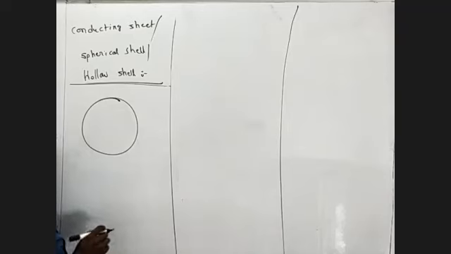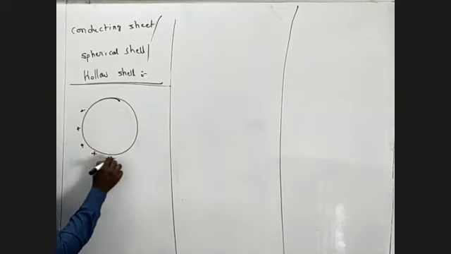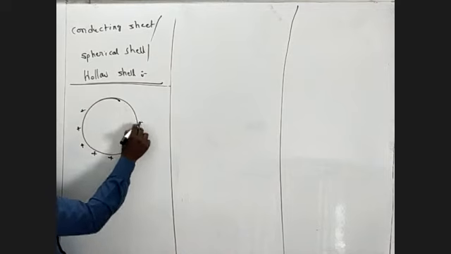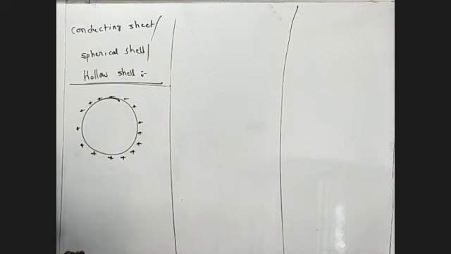So positive charge is uniformly distributed on the outer surface of the spherical cell.